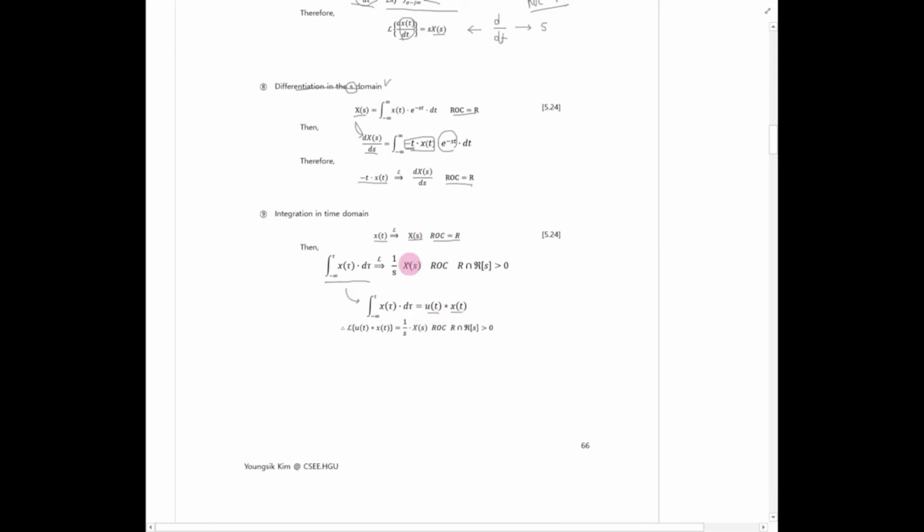As we talked about in the convolution operation, the integration operator is the same as the convolution between the unit step and x(t). Convolution in the time domain becomes a product in the Laplace domain. It means that the Laplace transform of u(t) is 1 over s, and the Laplace transform of x(t) is X(s), and the product is the Laplace transform of this function.